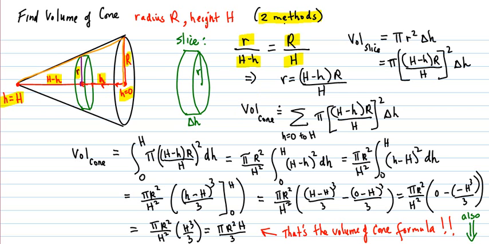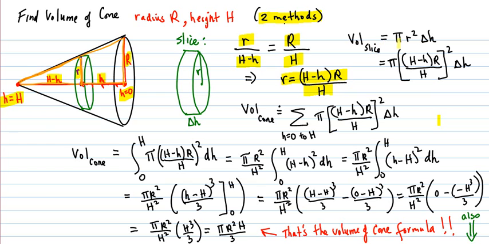Here's the big triangle, and then you have the small triangle inside. Okay, so then that produces this equation, solving for little r, because we're going to write everything in terms of little h as it moves from 0 to capital H.